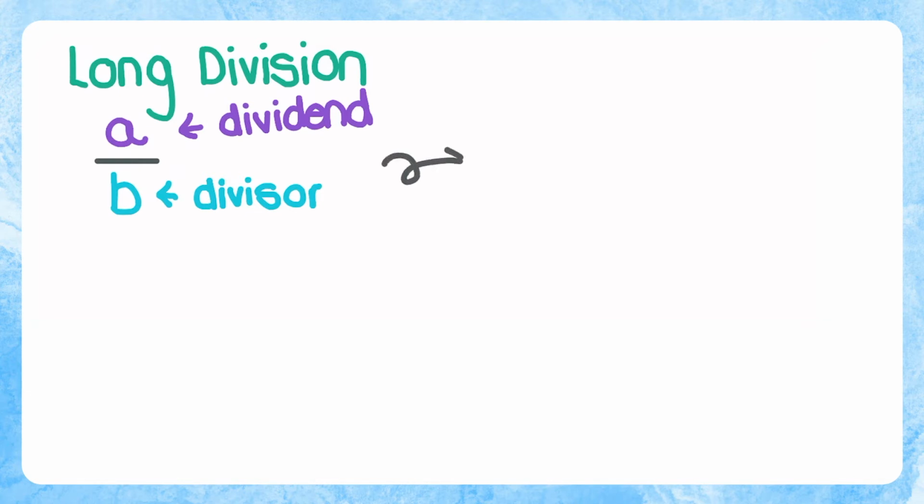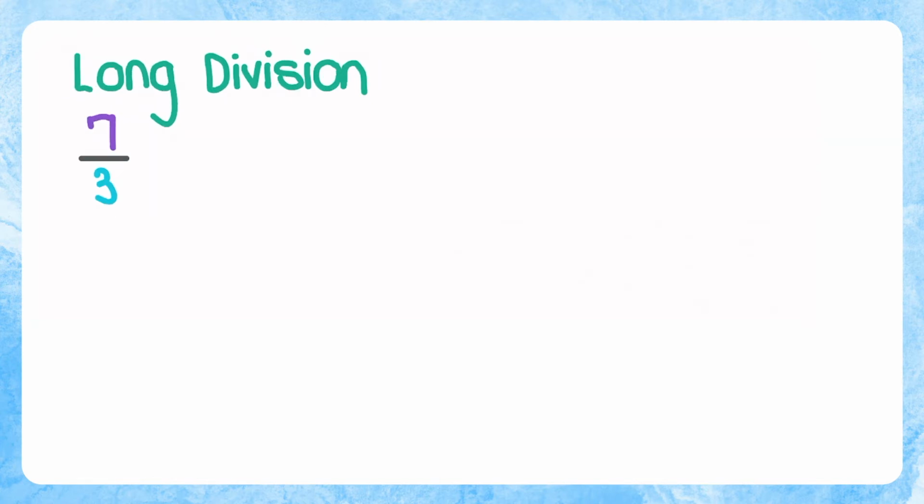And to find the quotient, you've probably seen this somewhere along your math life, we can rewrite this with this thing right here, where the a, the dividend, goes on the inside, and b, the divisor, goes on the outside. So let's say we have 7 divided by 3.